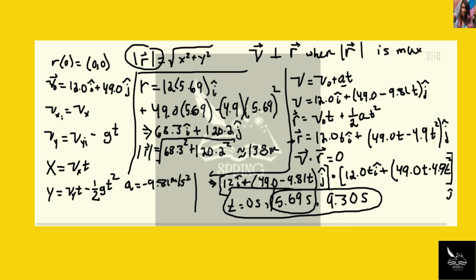And then I calculated the displacement and the velocity at t. And then I took the dot product and set it equal to 0 since they are going to be perpendicular. And then we were able to solve for time. And then knowing time, we were able to plug it into our radial expression and then find both components, the x and the y components, and then go and find the magnitude here, which is what we did.